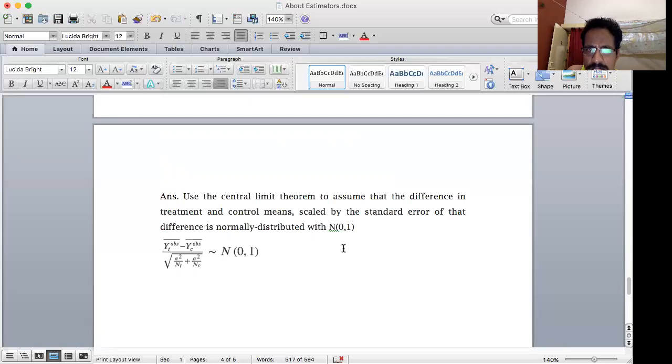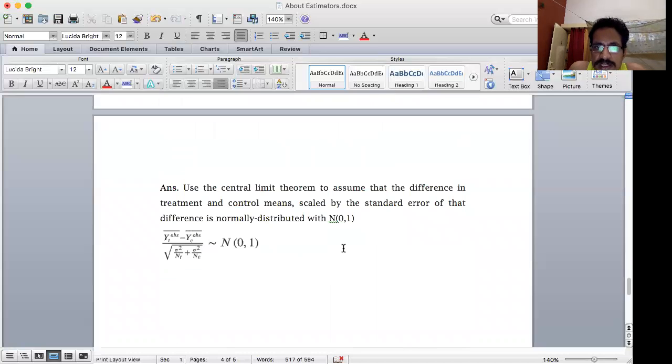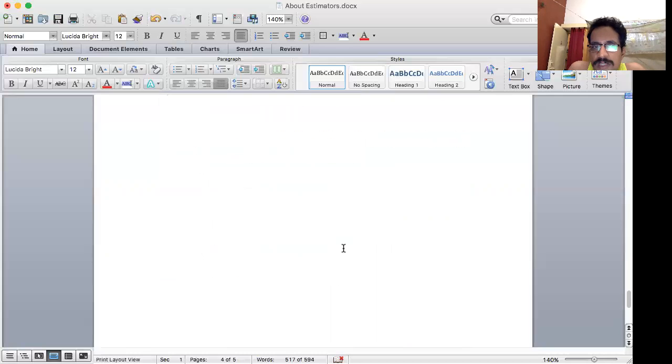So YT, the mean of the treatment group, minus the mean of the control group, that is the difference of the treatment and control group, divided by the square root of the sum of the variances, sigma square upon nt plus sigma square upon nc.